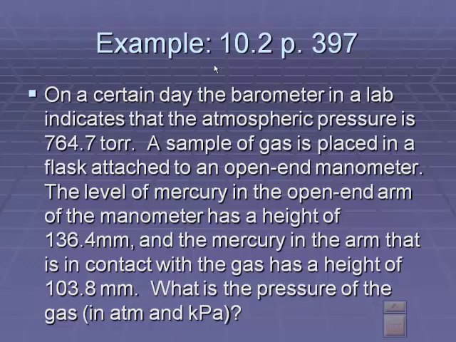The level of mercury in the open-end arm of the manometer has a height of 136.4 millimeters, and the mercury in the arm that is in contact with the gas has a height of 103.8 millimeters. What is the pressure of the gas in atmospheres and kilopascals?